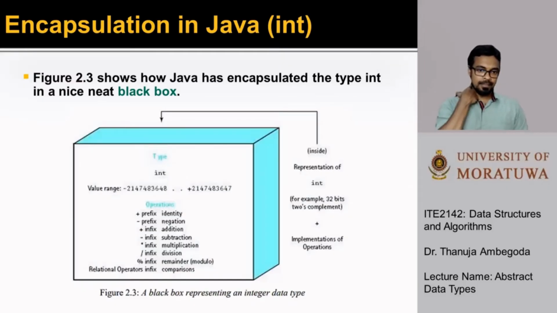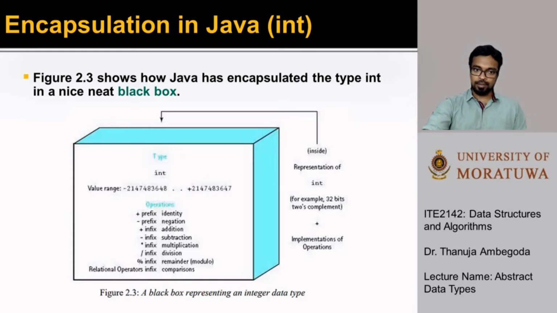So in this slide, we have a visualization of how the data type int in Java has been encapsulated. So it's packaged or encapsulated into a neat black box where we have the description of the data. So we have type int, we have the value range from minus a value to the plus maximum value.